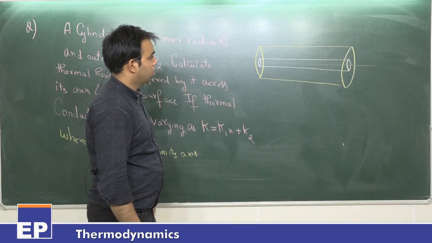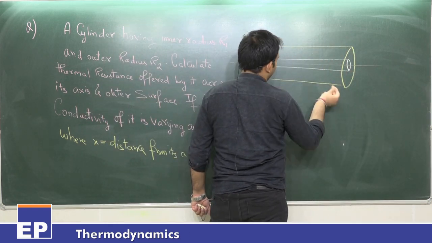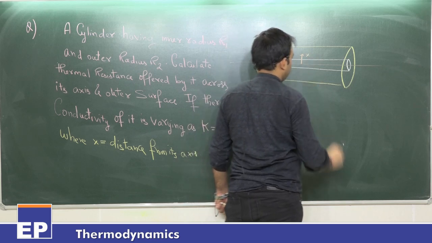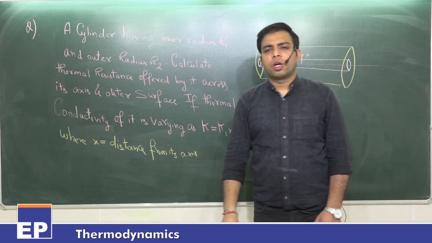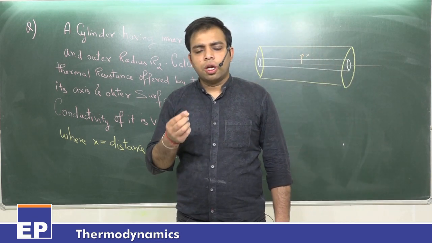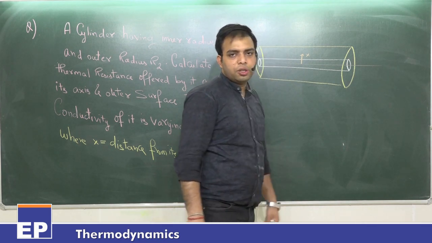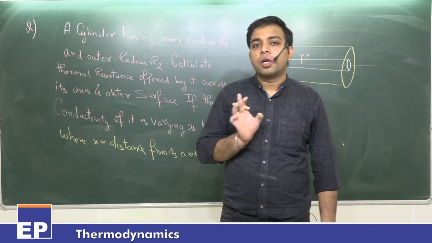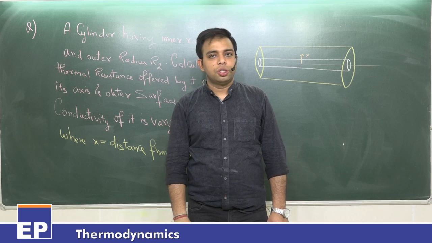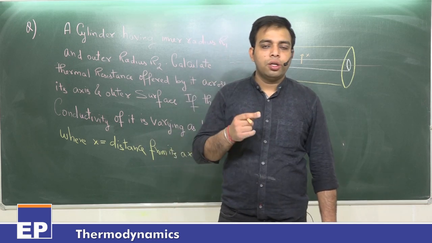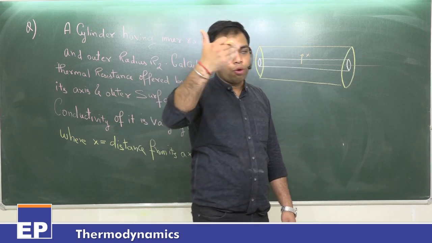Right? And material is filled in it. This is the distance x. We have to calculate what? We have to calculate the thermal resistance offered by it across its this and this. Right? But the point is that its thermal conductivity is not constant. It is changing. Second thing, when we are moving outside, then the area through which it is flowing.